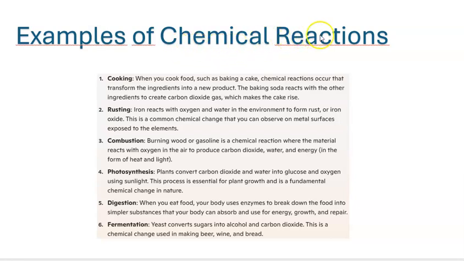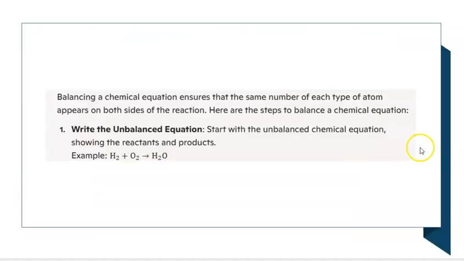There are a lot of different chemical reactions in real life: cooking, roasting, combustion, photosynthesis, digestion, fermentation. In all the cases, we are in front of a chemical reaction.